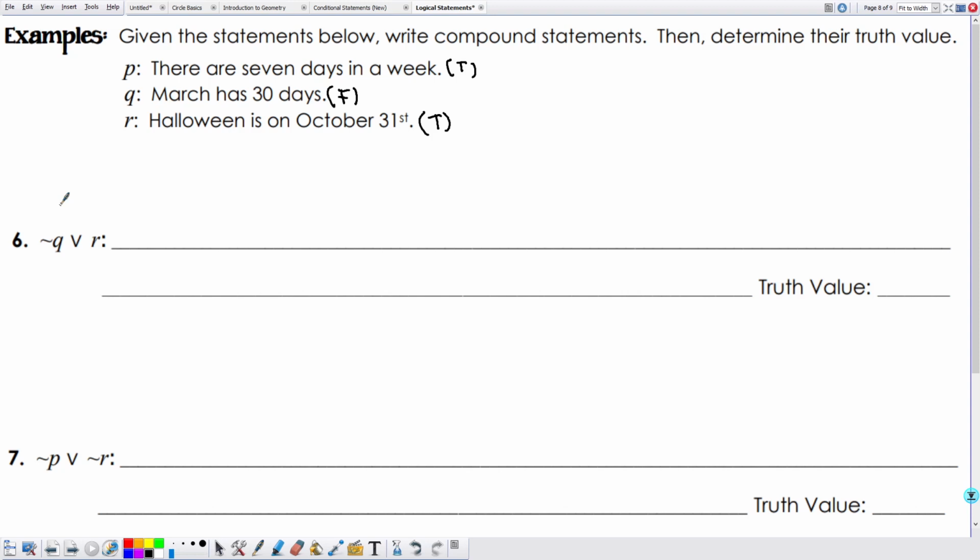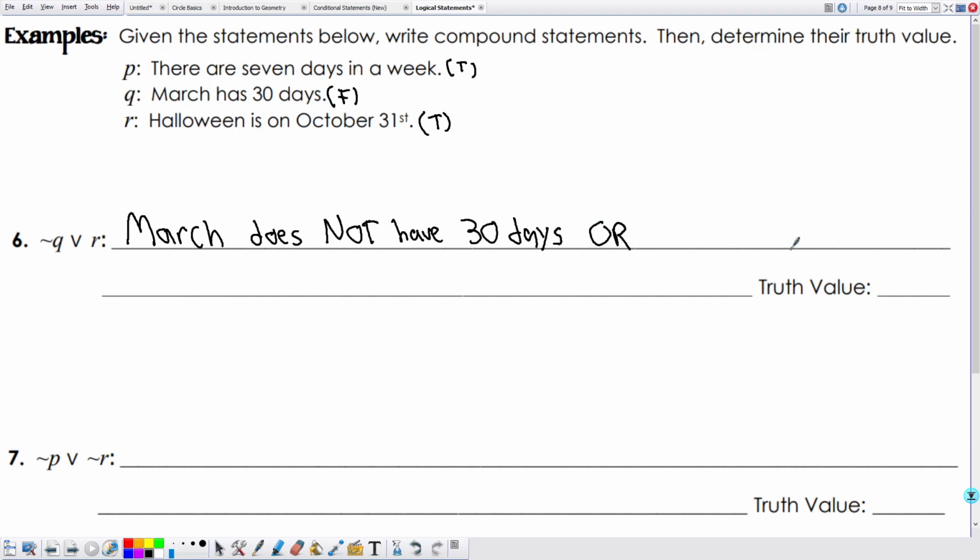So, we need to write a statement that has the opposite meaning of Q. So, we can say that March does not have 30 days. Then we have the down arrow, a disjunction, meaning we're going to use the word or.